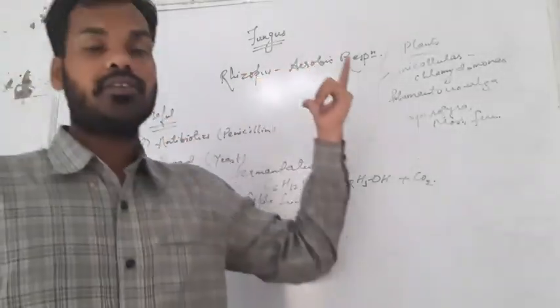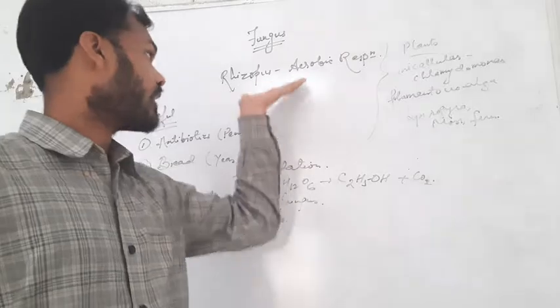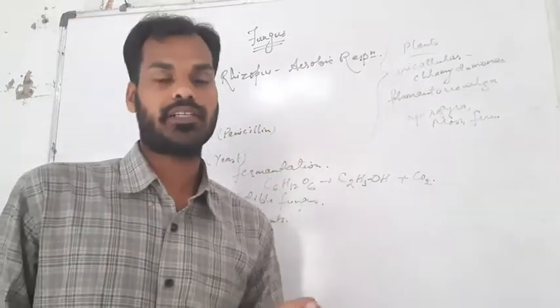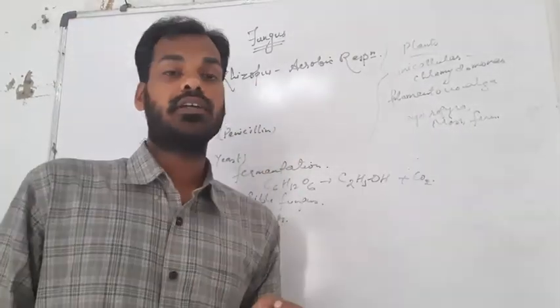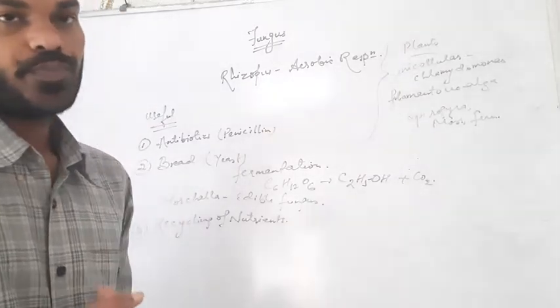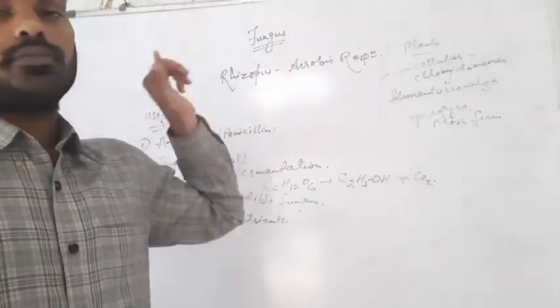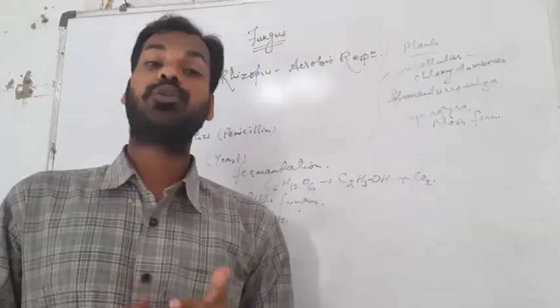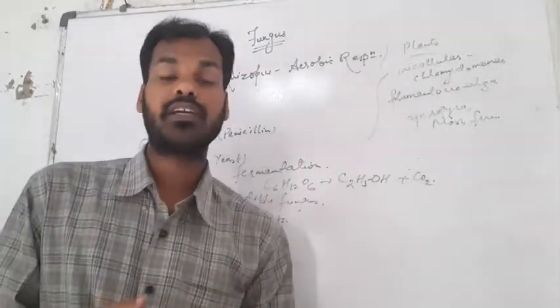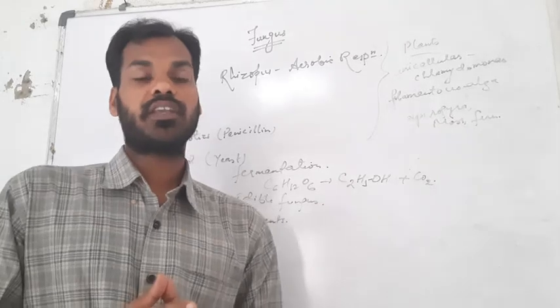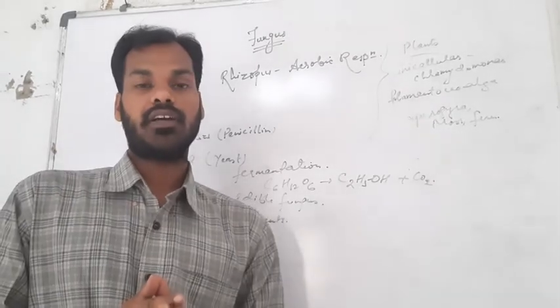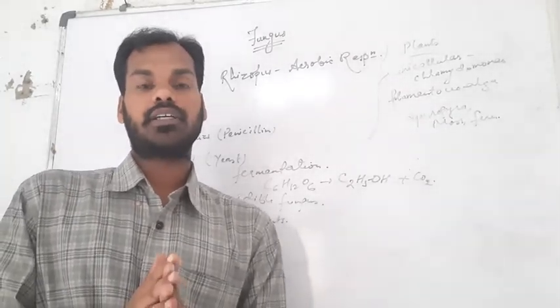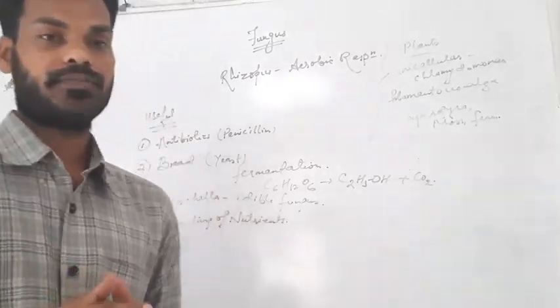First of all, in fungus we have to study Rhizopus, which is also called bread mold, a common fungus. If we talk about respiration in fungus or Rhizopus, it is an aerobic mode of respiration, where it needs oxygen for its food preparation and metabolic activities.